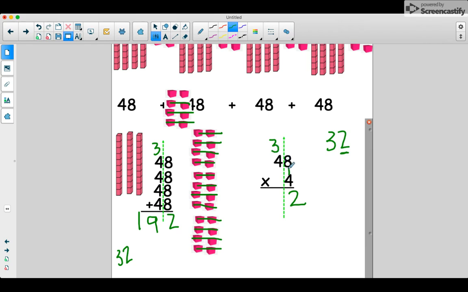Now that I've multiplied those two, I would have to do 4 times 4, because I had 4 groups of 40. So 4 times 4 would be 16, plus those 3 that I added on, 17, 18, 19, and I'd get 192. So see, I get the same answer, but it's a lot faster because I'm using multiplication facts instead of adding over and over again.